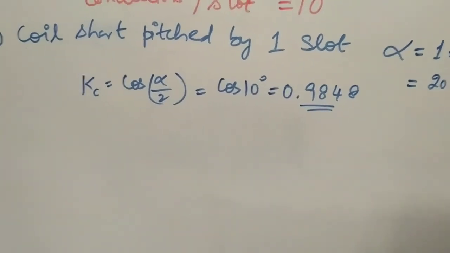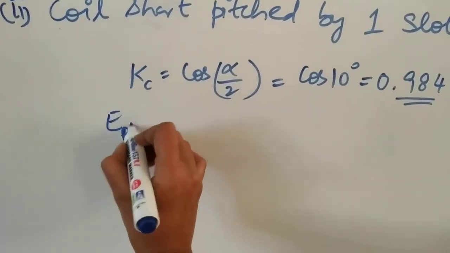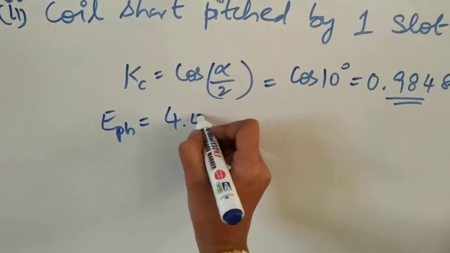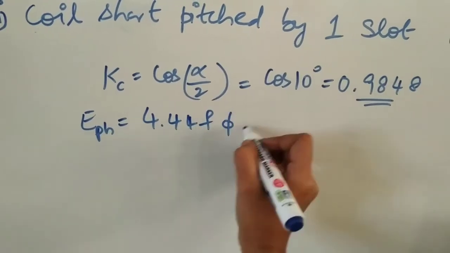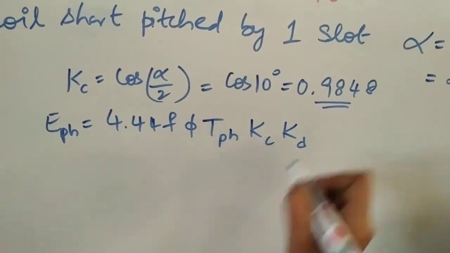Now let us substitute this value into the EMF equation. So what was the EMF equation formula? 4.44 f phi into T phase into Kc into Kd, right?